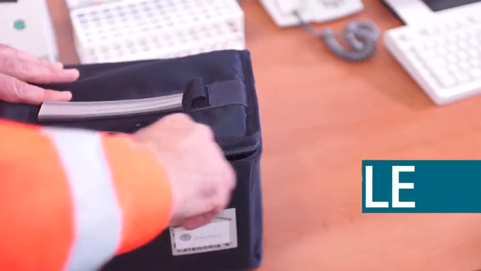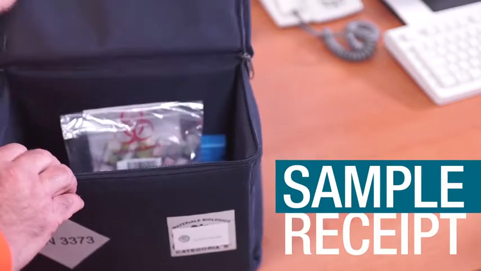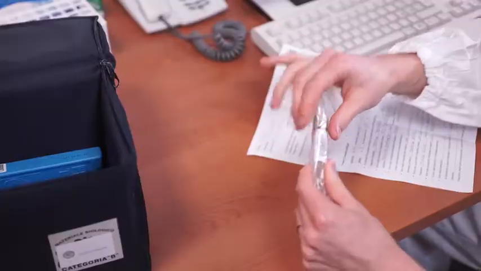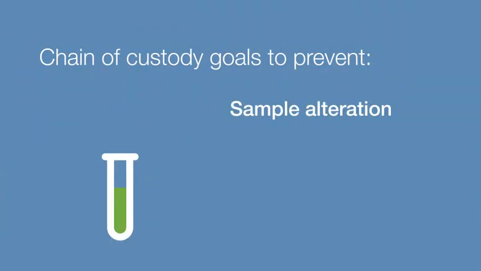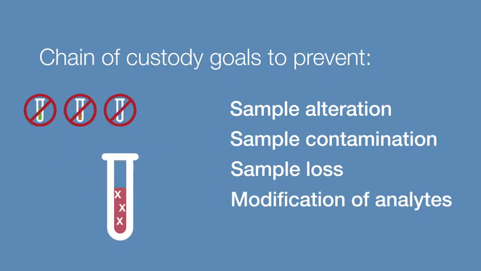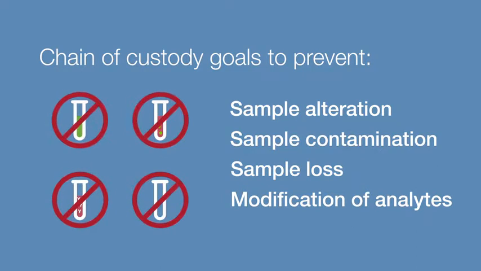Chain of custody is established when samples are collected, and it is maintained during the entire analytical process. The goal is to prevent alteration, contamination, loss of sample, and modification of analytes during handling and storage.